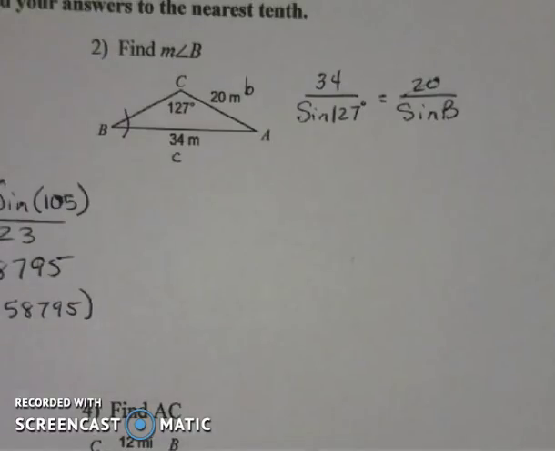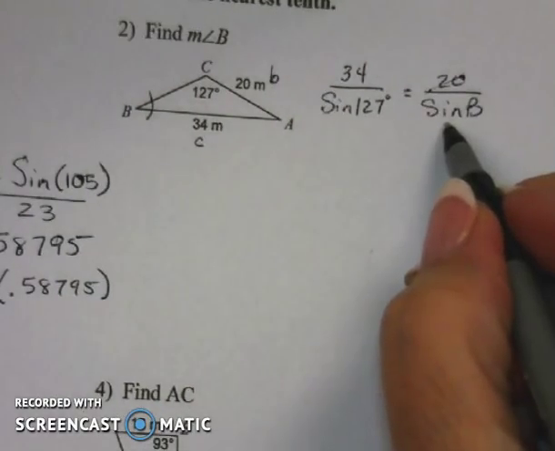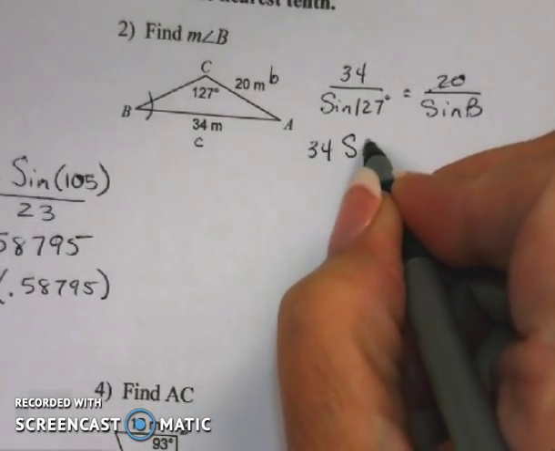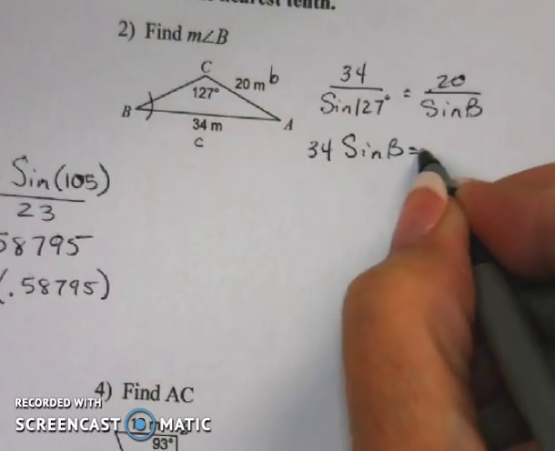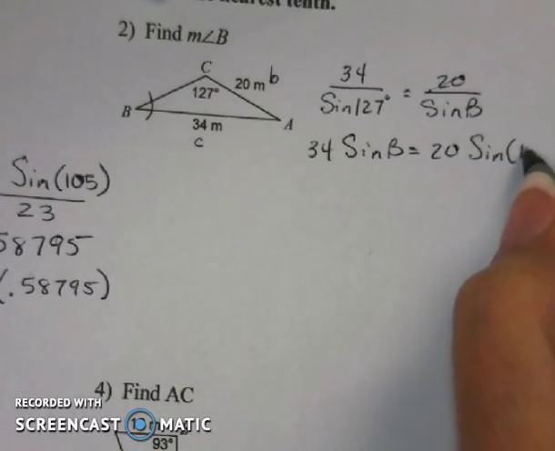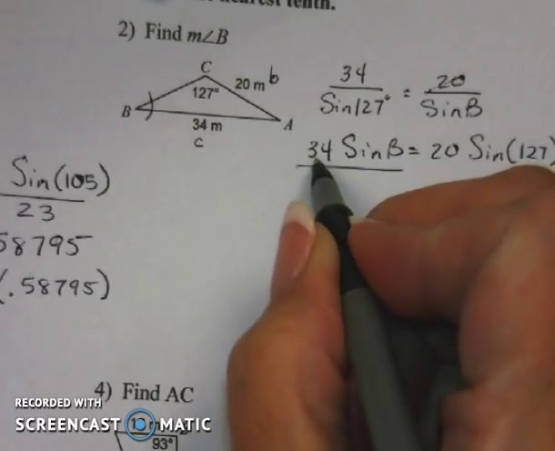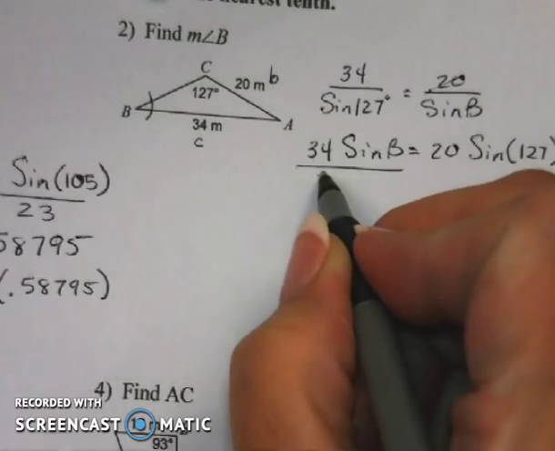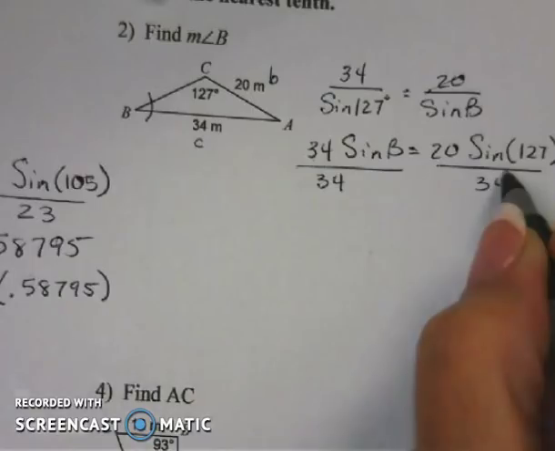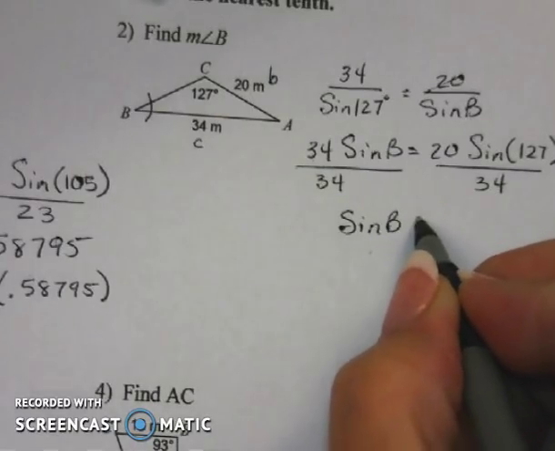Again, I'm going to use cross multiplication, and I'm going to start with the one I don't know, which is sine B, times 34, equals 20 times the sine of 127. And then I'm going to divide this by what's with my sine B, which is 34. So sine B equals.